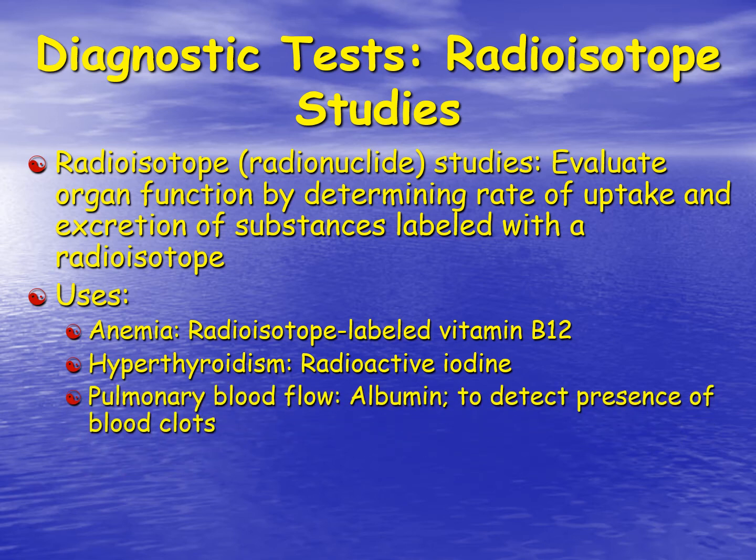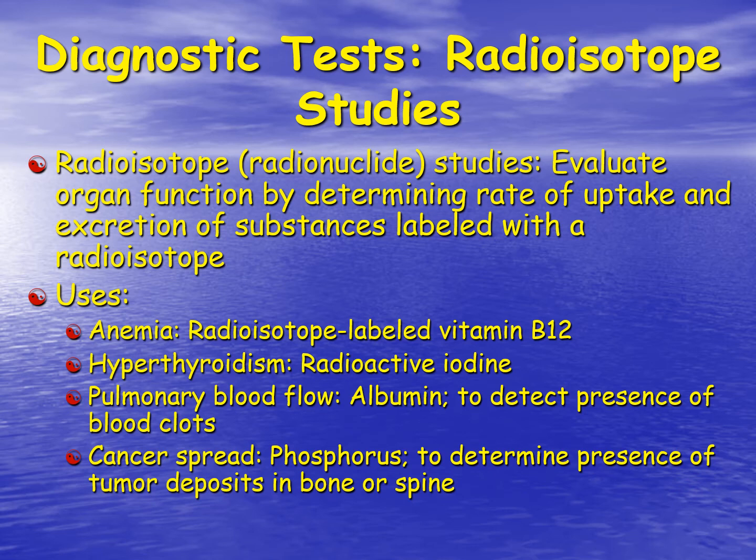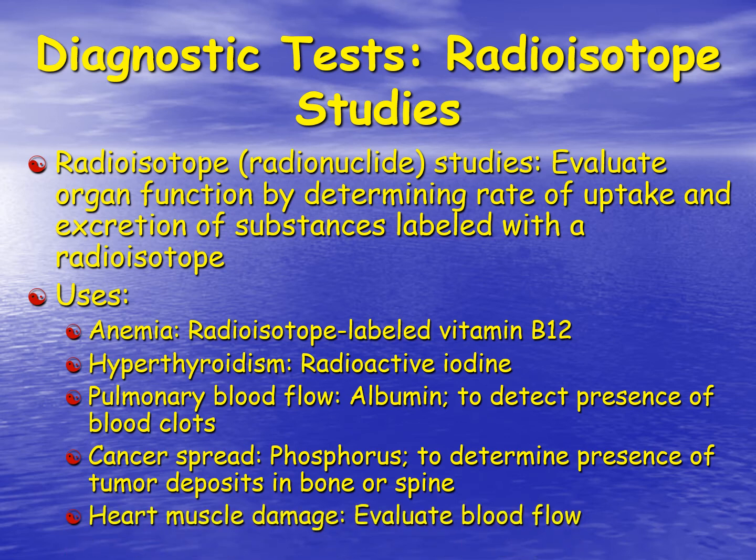Pulmonary blood flow, we can label albumin to detect the presence of blood clots. And cancer spread, we can use a radio-labeled phosphorus to determine the presence of tissue deposits in bones or in the spine. And we can even evaluate heart muscle damage by evaluating blood flow within the coronary artery.